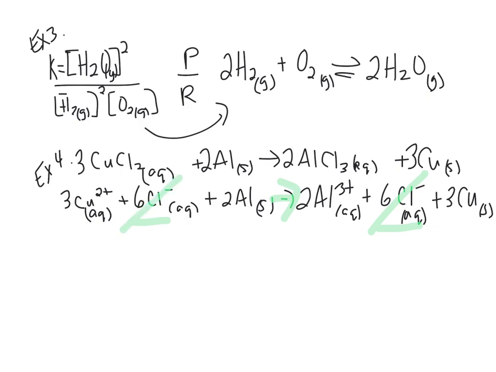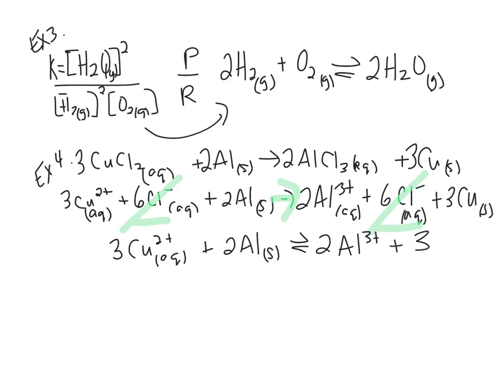So our chlorides cancel. Now, that leaves us with our net ionic equation. 3 copper 2 pluses plus 2 aluminum solids. Now we can have our arrows. 2 aluminum 3 plus and 3 copper solids.